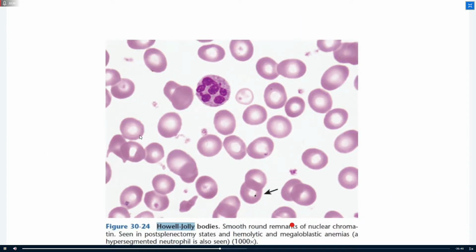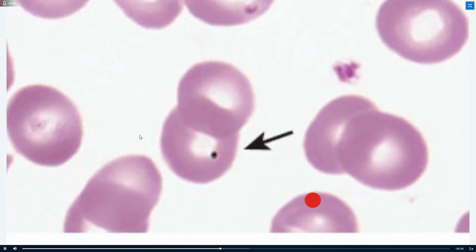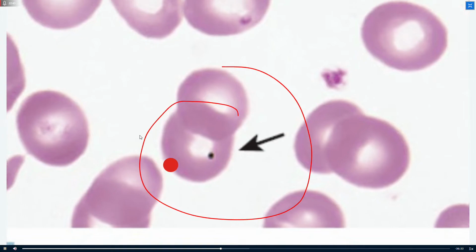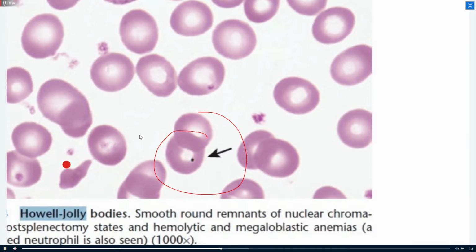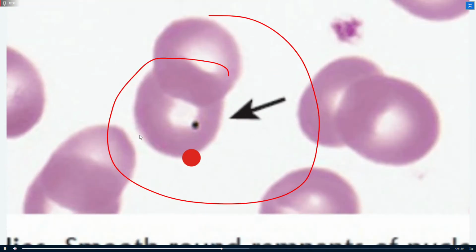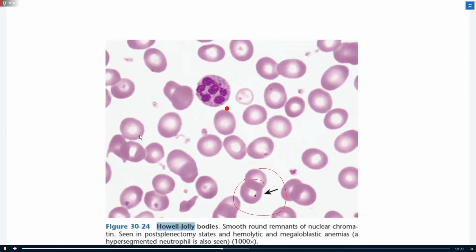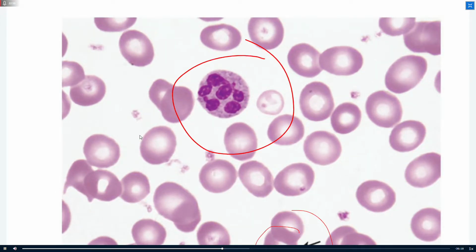Okay. Here's the appearance, class, of your Howell-Jolly bodies. This is a type of WBC. Normal or abnormal? How many lobes does it have? 6. How many are the normal lobes of a neutrophil? 5.